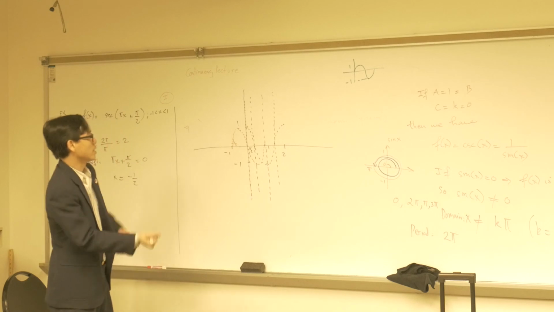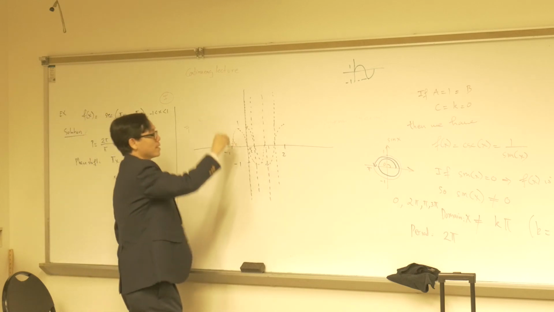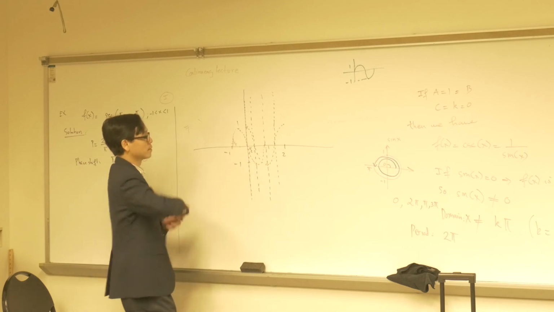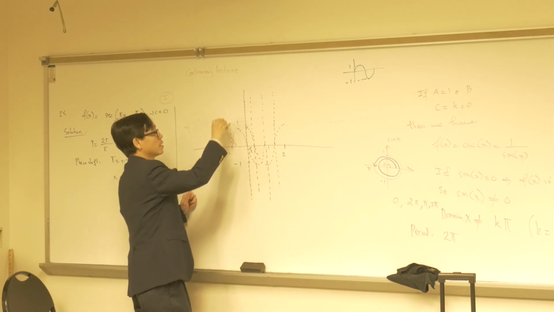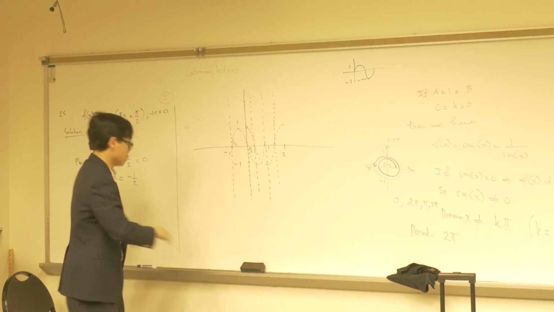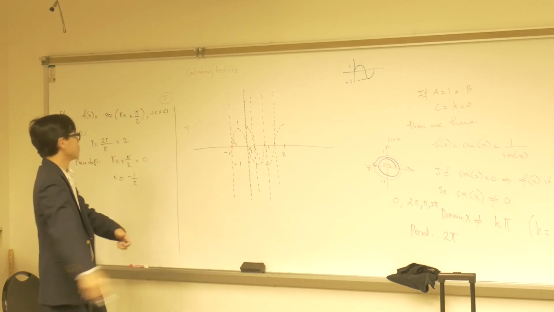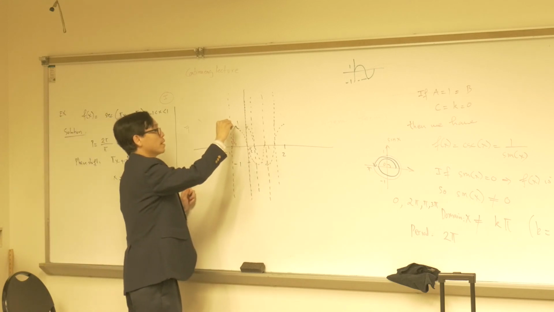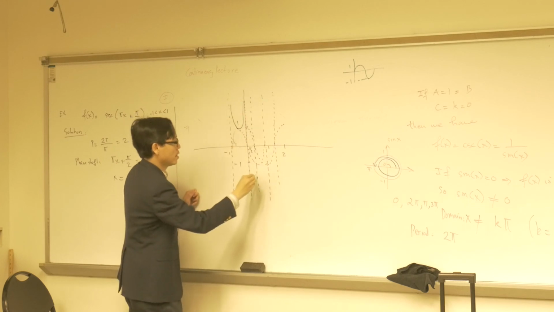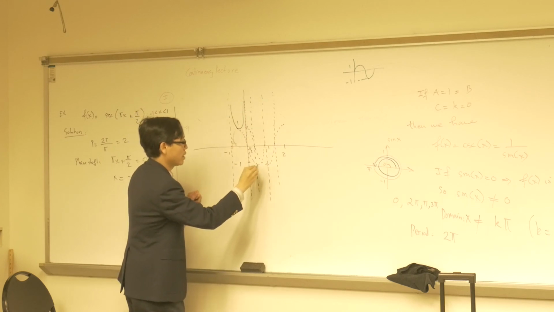It will be something like this. Now this is another vertical asymptote. So my secant will be this, between -1 and 1.